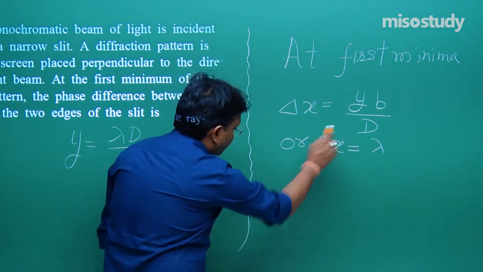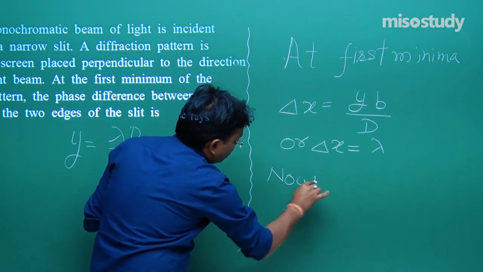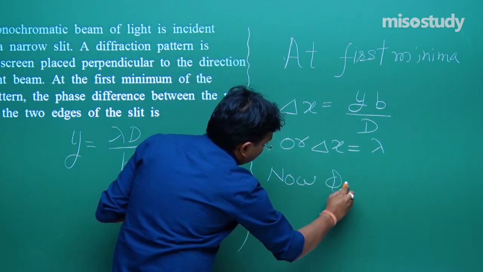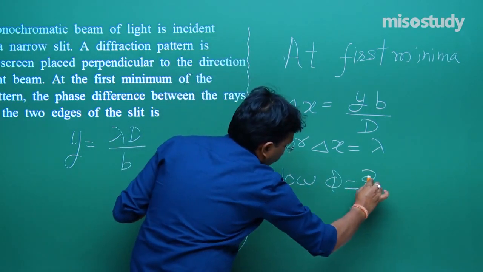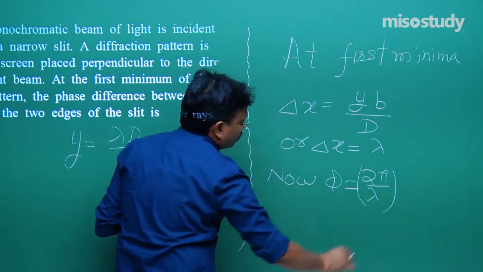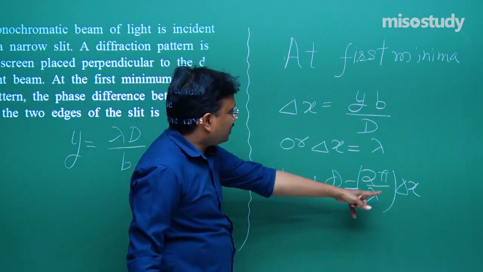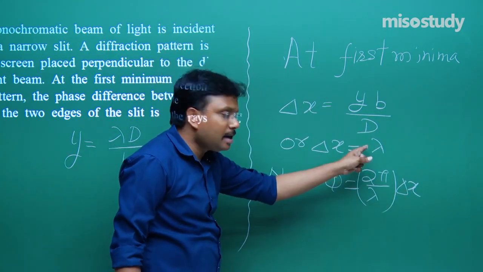Now from this I can write down, phi is equal to 2 pi upon lambda into delta x, fine. And what is the value of delta x? Lambda.